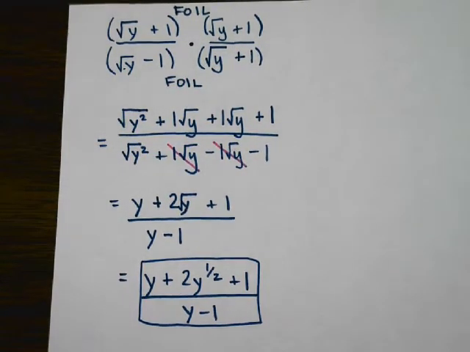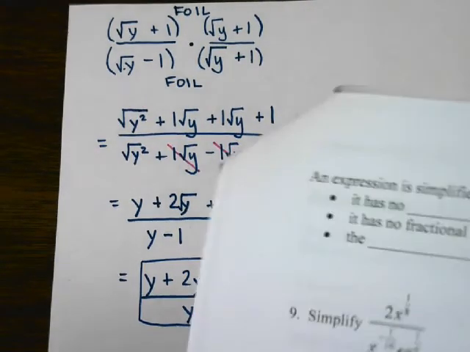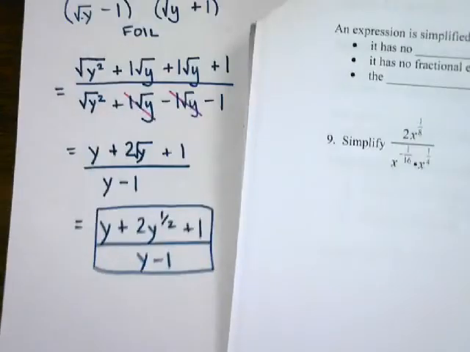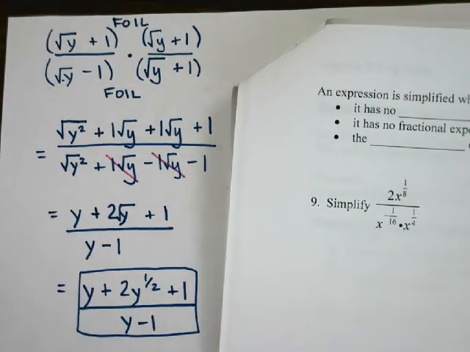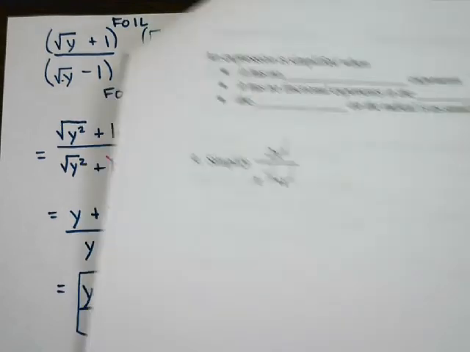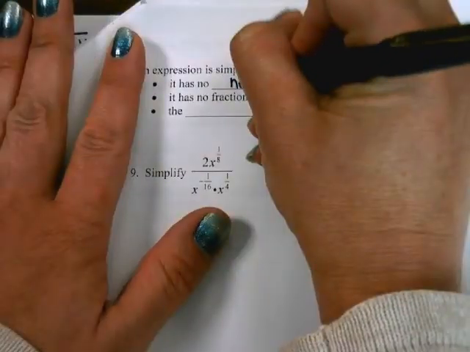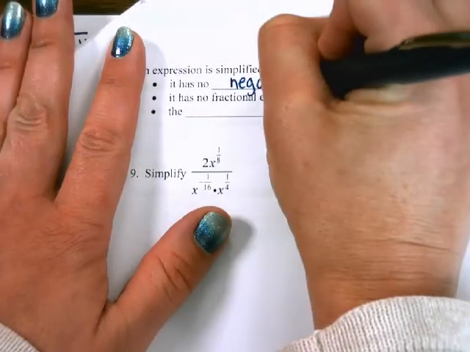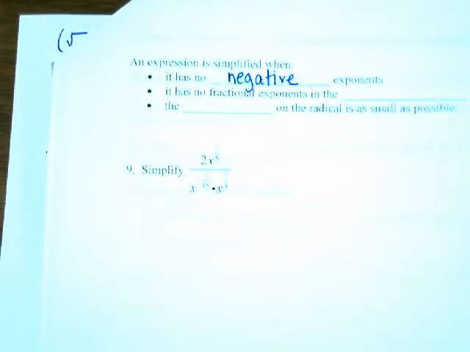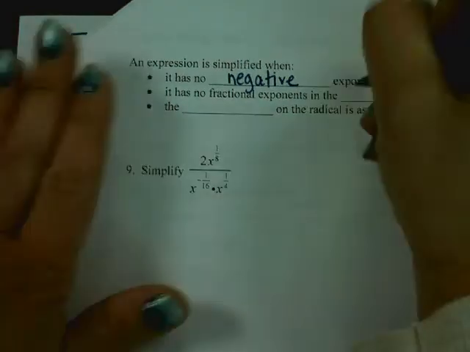How do you know when you're done? Well, the next page answers that question. So, an expression is completely simplified when it has no negative exponents. It has no fraction exponents in the denominator.